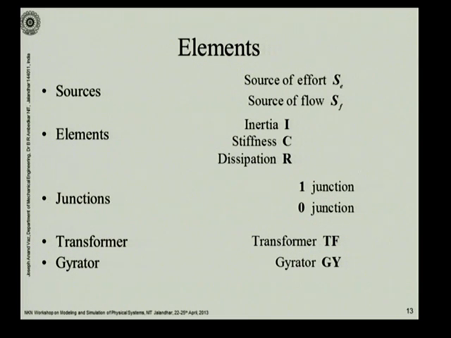And you see that these are the only 9 elements in addition to the power bond in the bond graph set, complete set. So here you have the two sources, a source of effort and flow, you have an inertia, compliance and dissipation, you have a 1 junction, a 0 junction, a transformer and a gyrator, and we will be explaining each of these elements in detail subsequently.